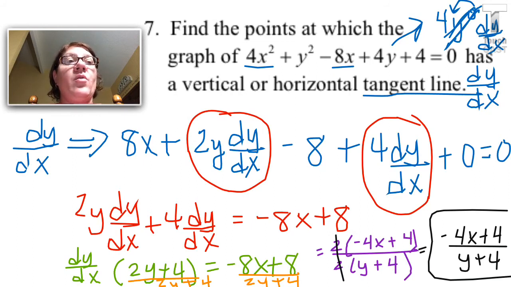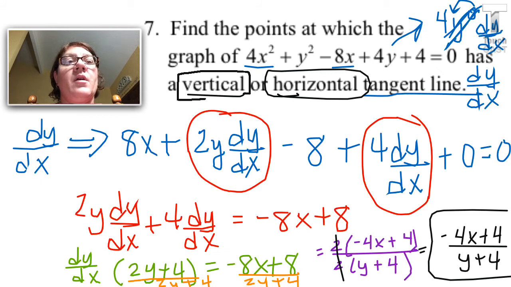Now, I want to know when this slope is either a vertical or a horizontal tangent line. And so I have to remember what that means in terms of the slope itself. So if I have a horizontal tangent line, let's see, that means that, first I'm looking at a rational polynomial function, and in order for it to be horizontal, the slope would have to be 0, which means the numerator would have to be 0.